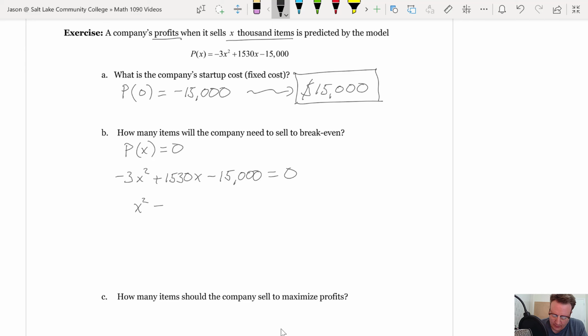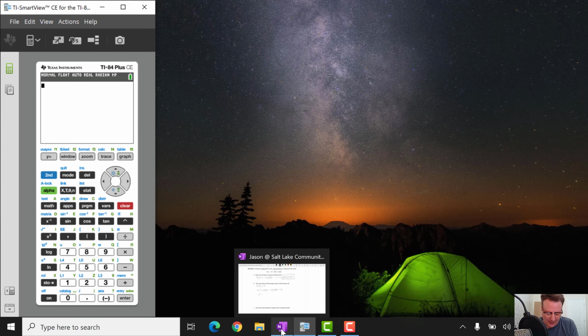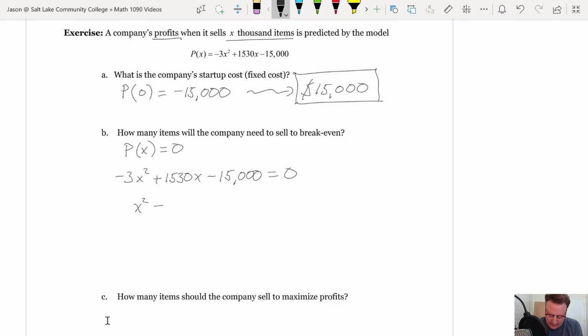Then I'll use the calculator for 1530 divided by 3. That's 510, so this is going to be minus 510x. And then plus, negative 15,000 divided by negative 3 is 5,000.